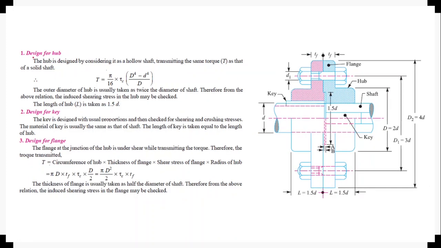While considering the design for hub, meaning this particular portion of the flange coupling, the transmitting torque is equal to pi by 16 tau c into (D raised to 4 minus d raised to 4) by D. We can treat this hub as a hollow shaft.